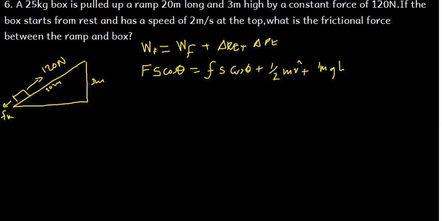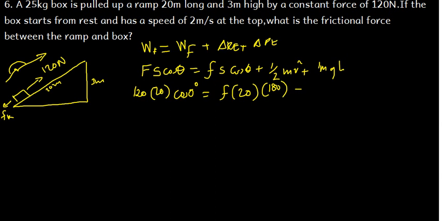So the force applied is 120, the distance is 20, the distance of the incline, and then the angle, because the force is going the same direction as the displacement, the angle is 0. So 0 degree, and that should be equal to the friction, which we don't know. Okay, and then the displacement is the same, 20, but the angle, notice that this mass is going up, friction is going down, so the angle is going to be 180, and then plus half.